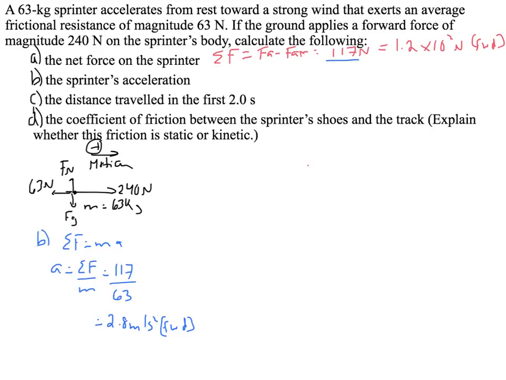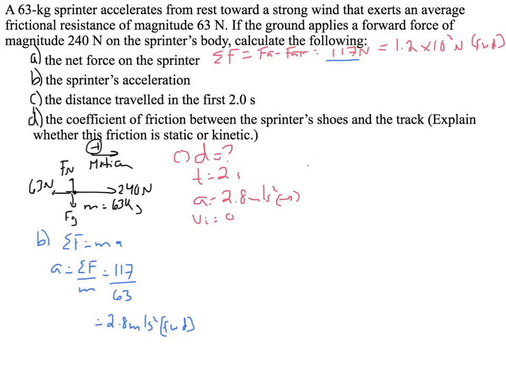C asks for the distance traveled in the first 2 seconds. So C, we're looking for a distance. We know time is 2 seconds. We know the acceleration, because we just found it, is 2.8 meters per second squared that way. And we know he's starting from rest, so VI is 0.